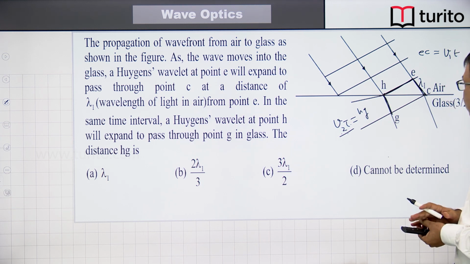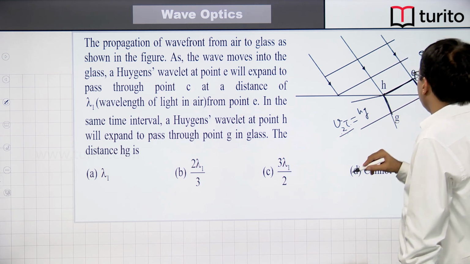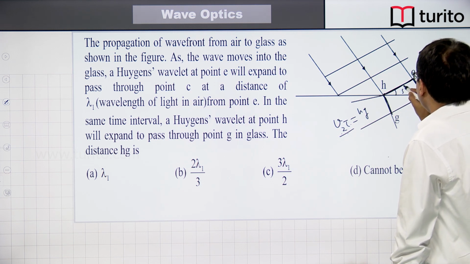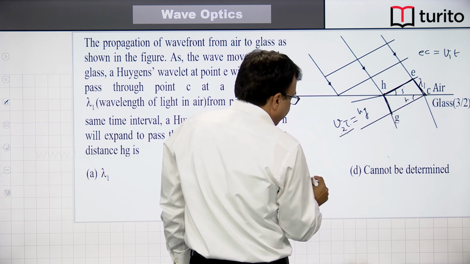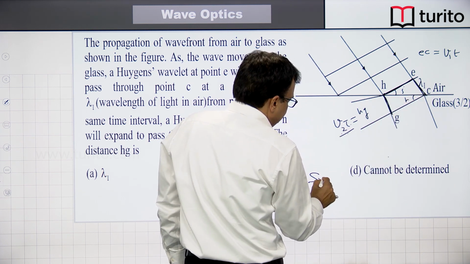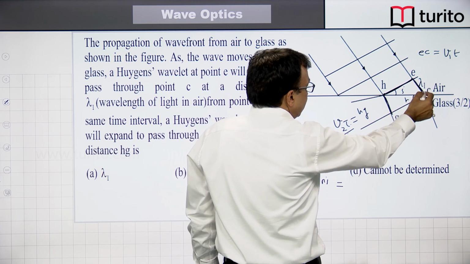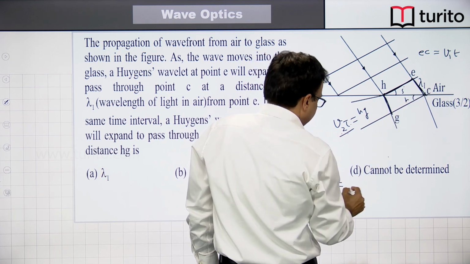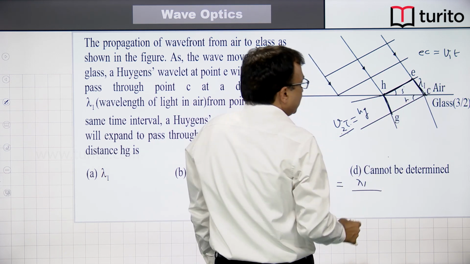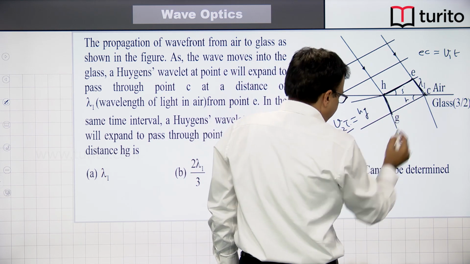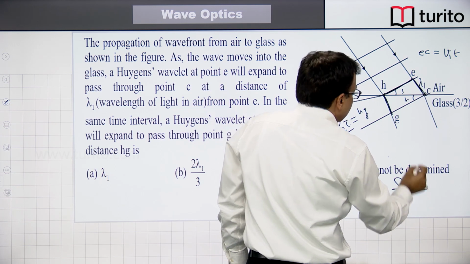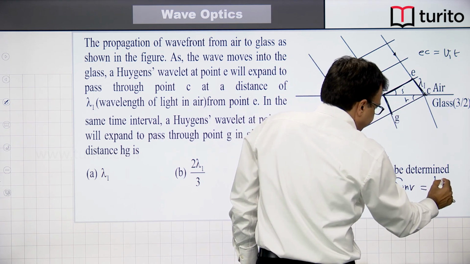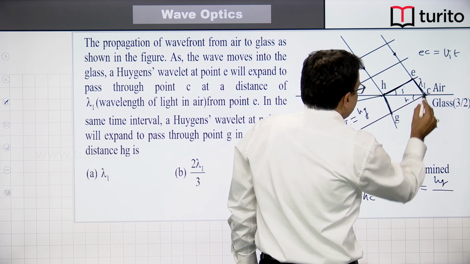The distance HG is, as I told you earlier, this angle is the angle of incidence and this is the angle of refraction. Consider this right angle triangle, then sin i equals perpendicular EC, that is lambda 1, upon hypotenuse HC, and sin r equals perpendicular HG upon HC.